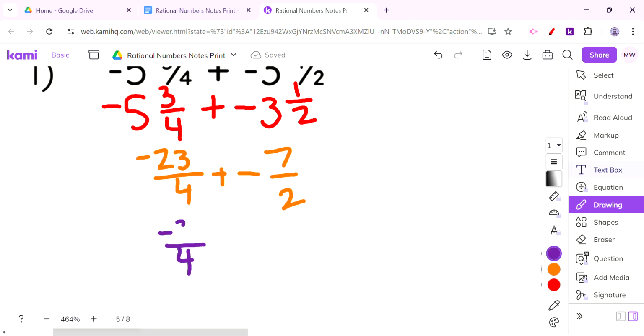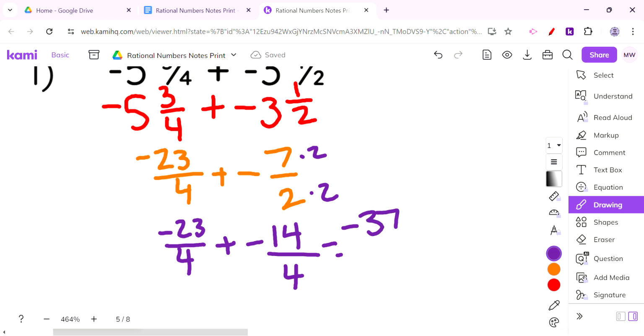All right, so we have -23 over 4 plus negative. I'm going to multiply each of these by 2, and now I have -14 over 4. All right, and now since these are the same signs, I'm going to add. So I have -23 plus -14, and that gets us -37 over 4.